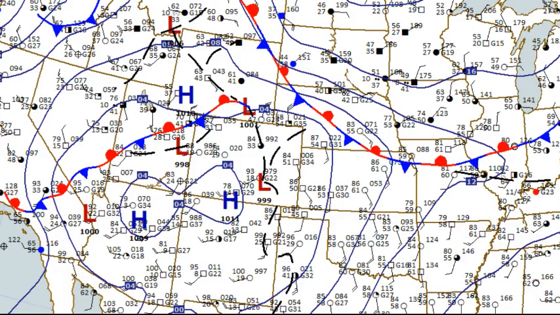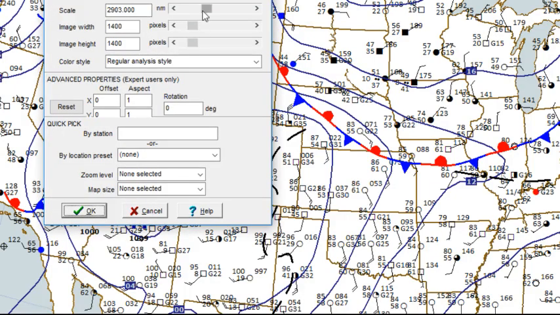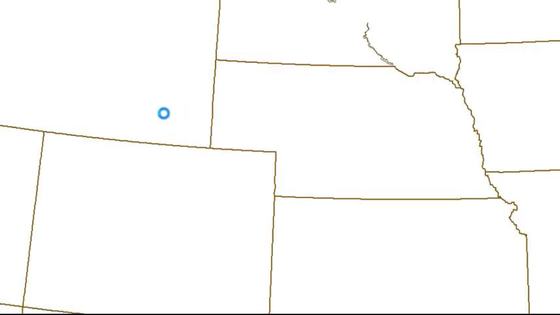That's not close enough. Let me zoom that in further. That's a little better there. We want to get down to the mesoscale so we can see some of the processes that are helping to feed these storms here.